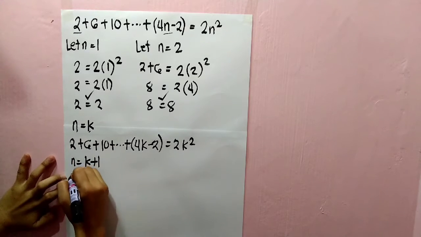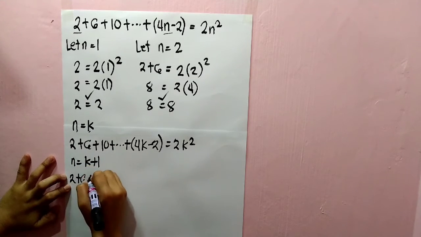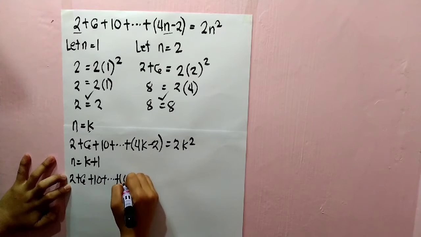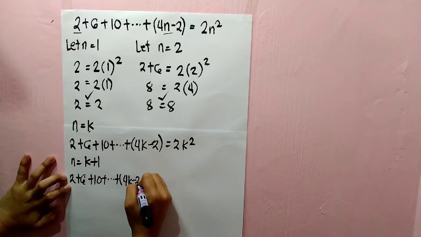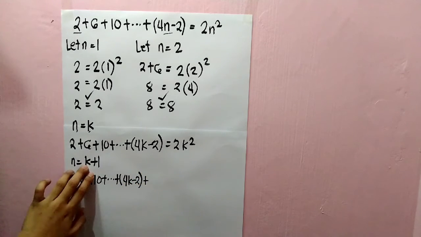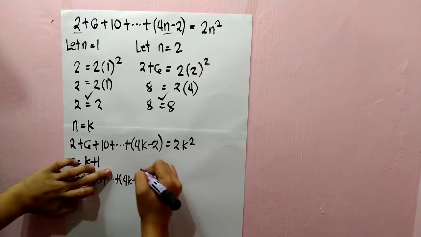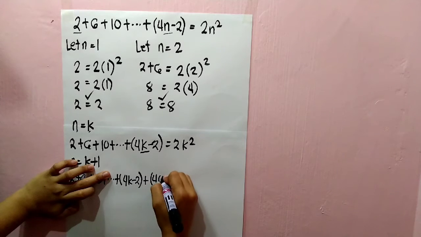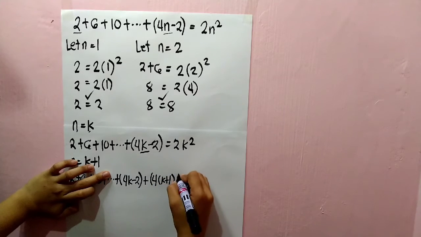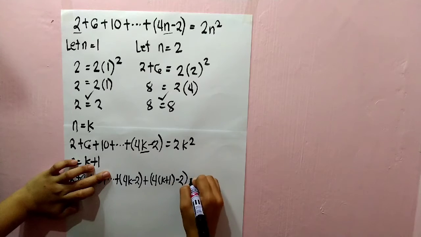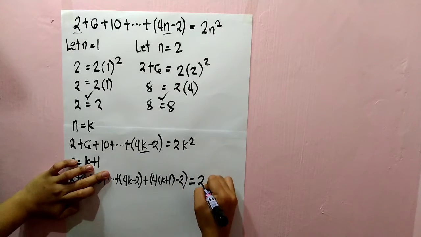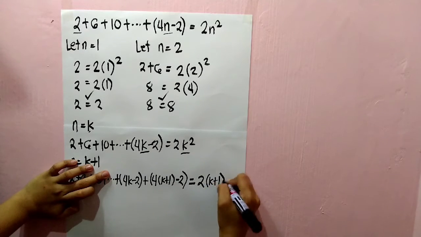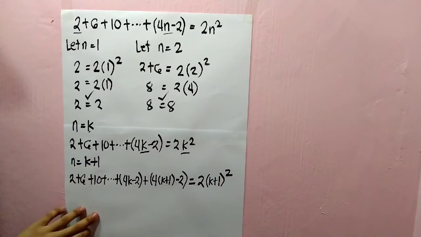So we have 2 plus 6 plus 10 plus all the way to 4(k plus 1) minus 2, substituting k by k plus 1, is equal to 2(k plus 1) squared.